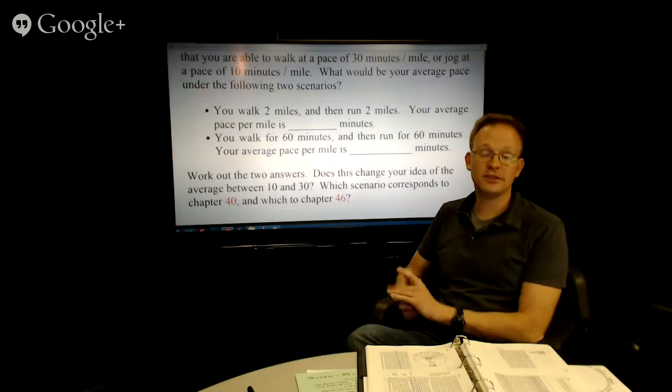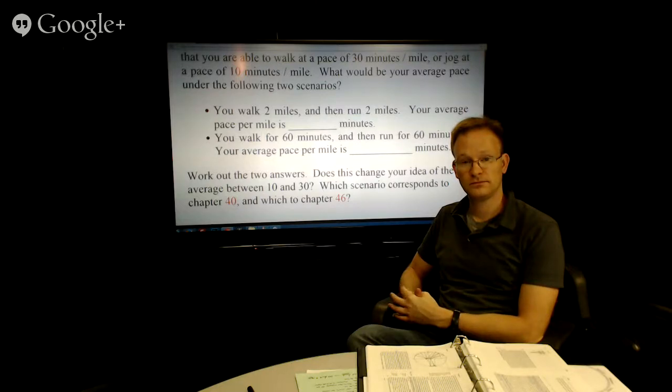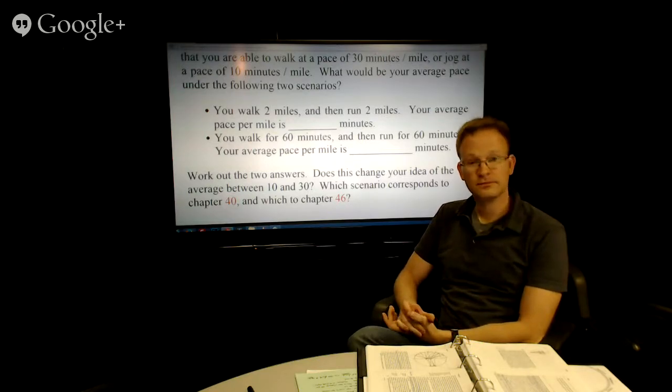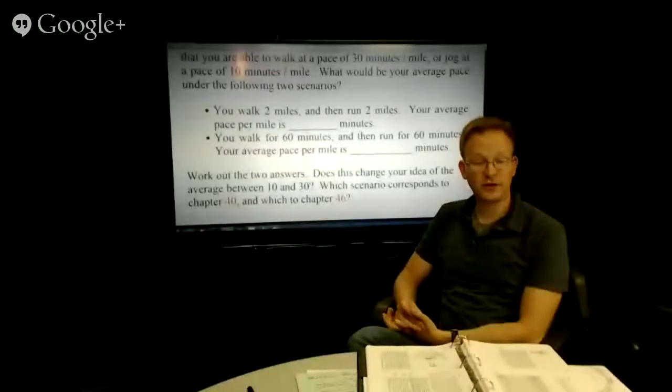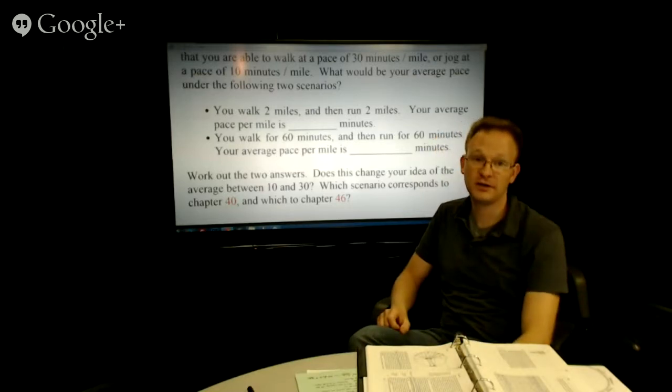So what's our average rate per mile then? The total time was 120 minutes. The total miles was 8. So 120 minutes for 8 miles means how many minutes for 1 mile?